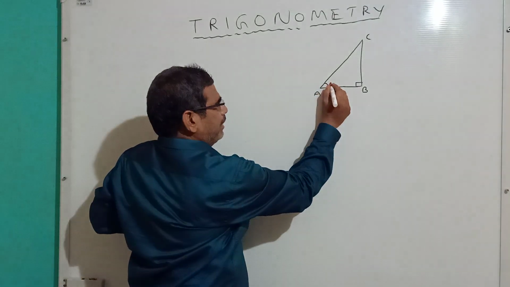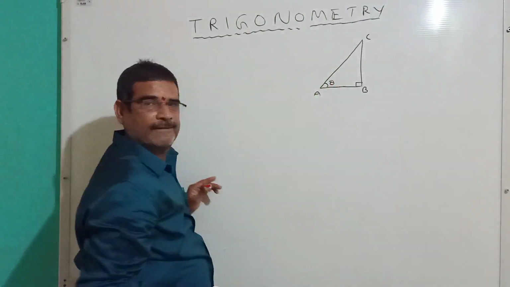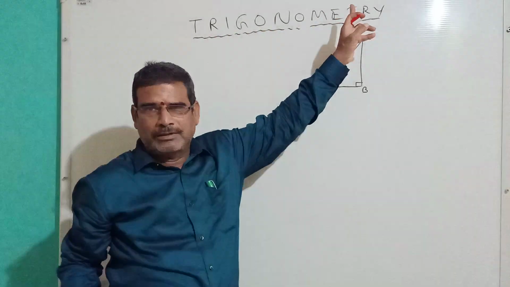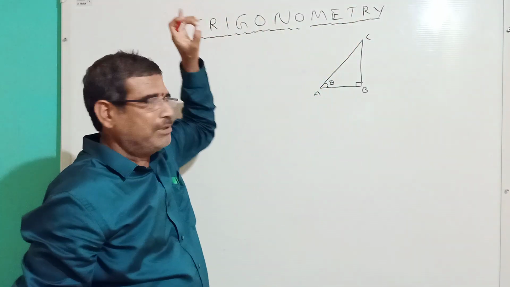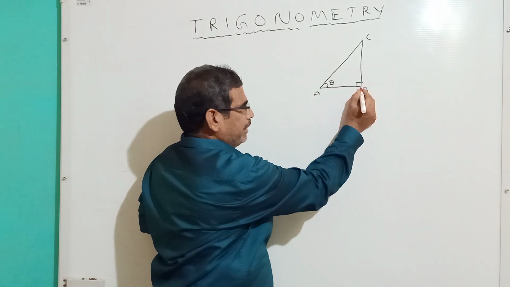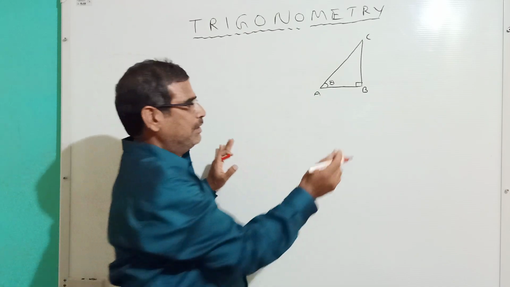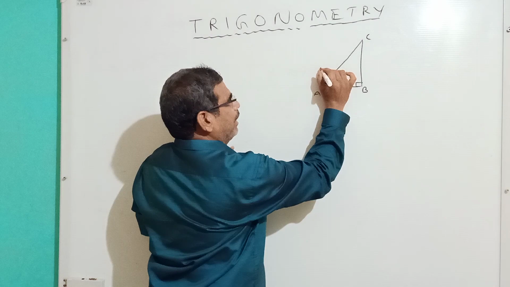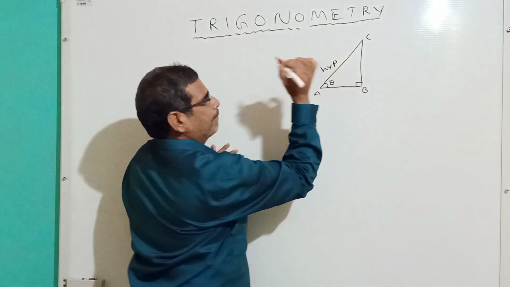Let the angle here be theta. Once again I am telling, the trigonometric chapter is completely related to right angle triangle. Here angle B is 90 degrees. The side which is opposite to B, 90 degrees, is called hypotenuse.